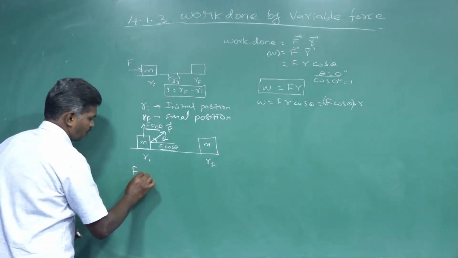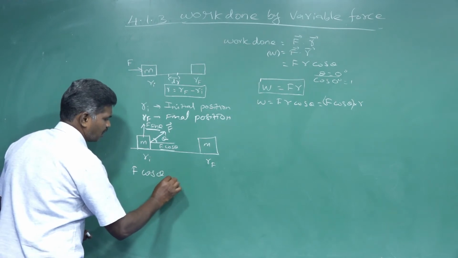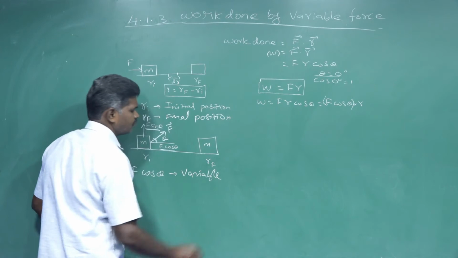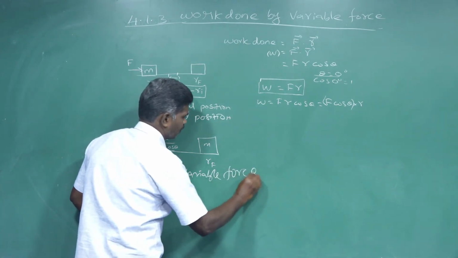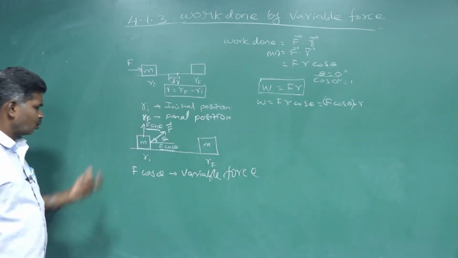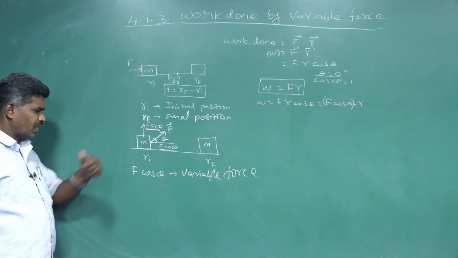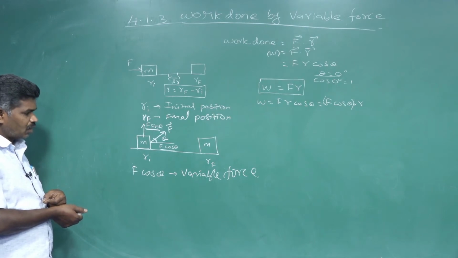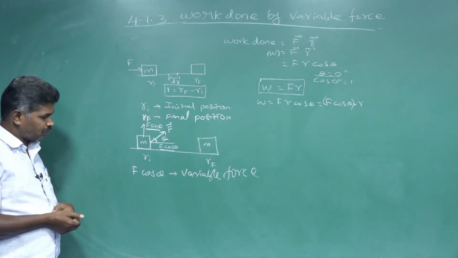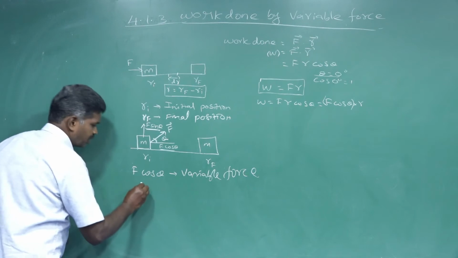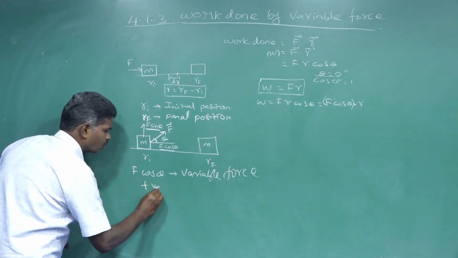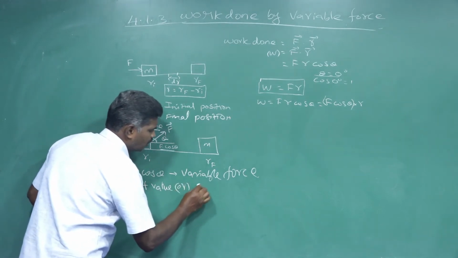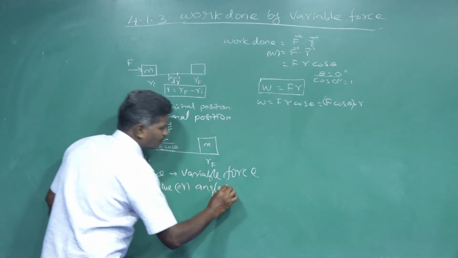That F cos theta is a variable force. Here, there are two factors we can vary: either the magnitude of the force or the direction of application of the force. That is, the F value or the angle may vary.